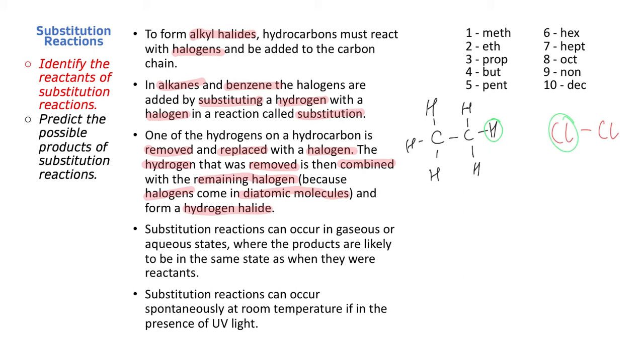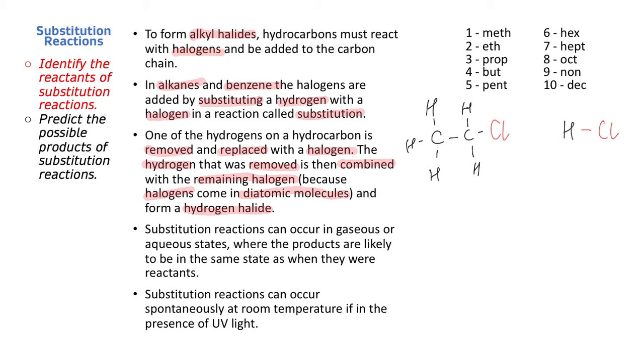What you end up with is a Cl now attached where that hydrogen was, and that hydrogen is now attached to the remaining halogen atom, making HCl. So that's a substitution reaction.